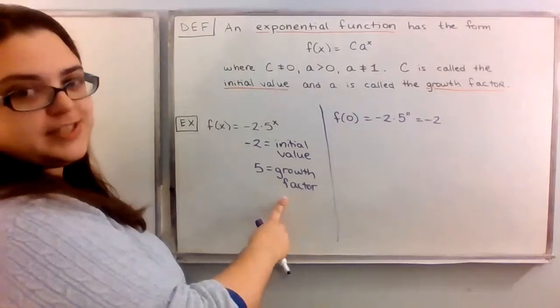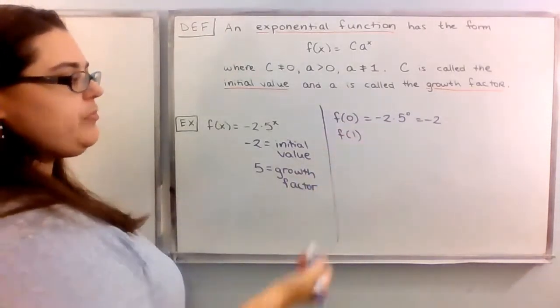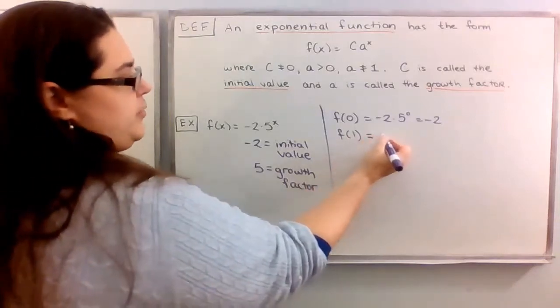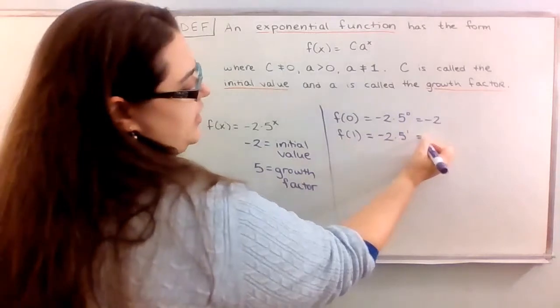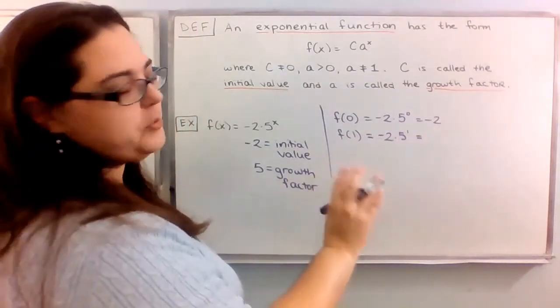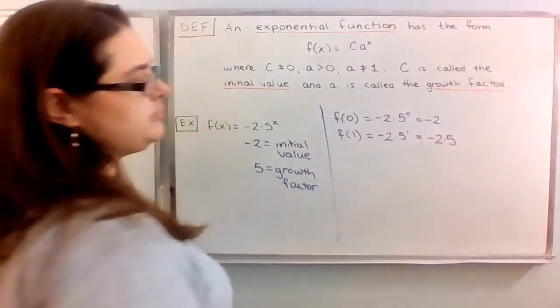As for the growth factor, let's continue. Let's find f of 1. So f of 1 is going to be -2 times 5 to the first, and that's the same as -2 times 5.